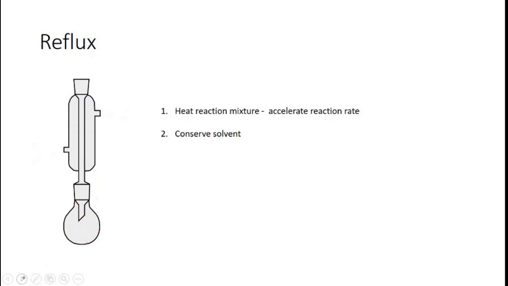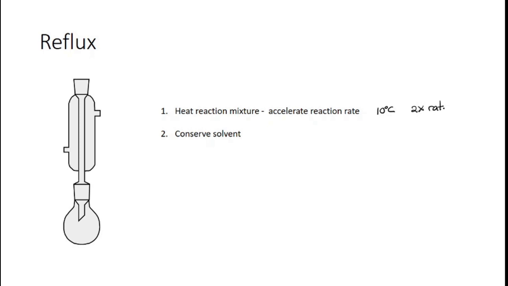The reason that we do reflux is that we are using it as a means for controlling a heated reaction, but we do it specifically to accelerate the reaction rate. A general rule of thumb that you learned in general chemistry is that for every 10-degree rise in temperature, you double your rate.